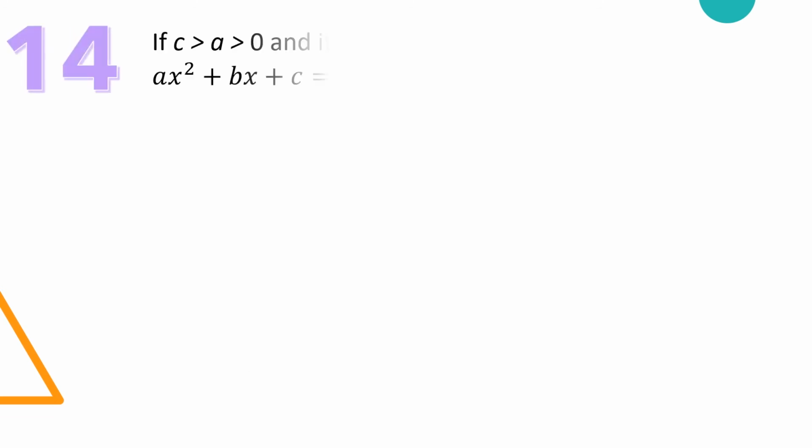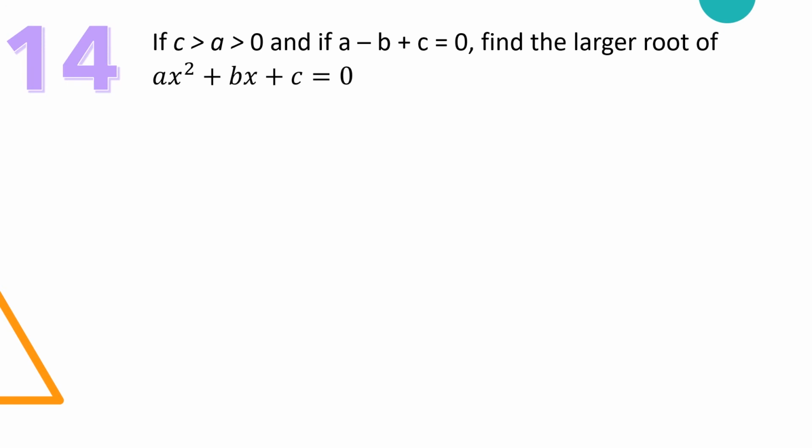Number 14. If c is greater than a greater than 0, and if a minus b plus c equals 0, find the larger root of ax squared plus bx plus c equals 0. Using the quadratic formula to get the roots of ax squared plus bx plus c equals 0, we have x is equal to negative of b plus minus the square root of b squared minus 4ac all over 2a.